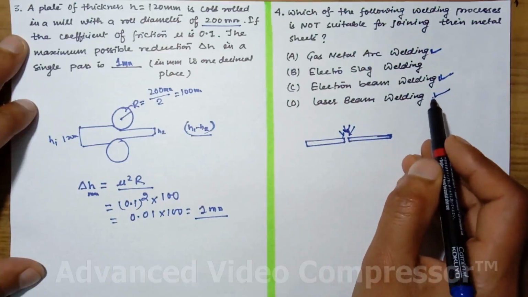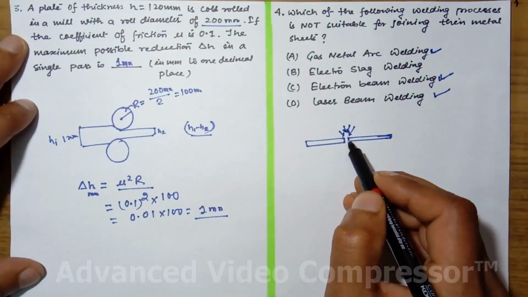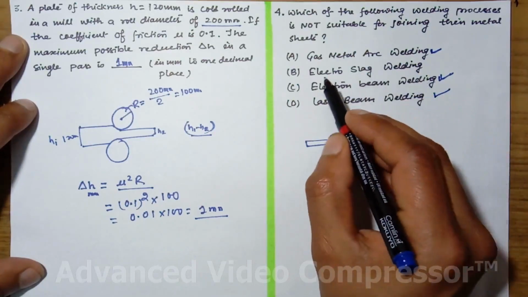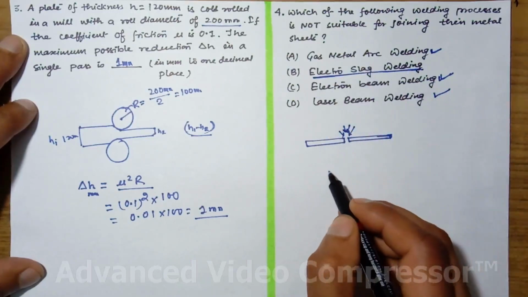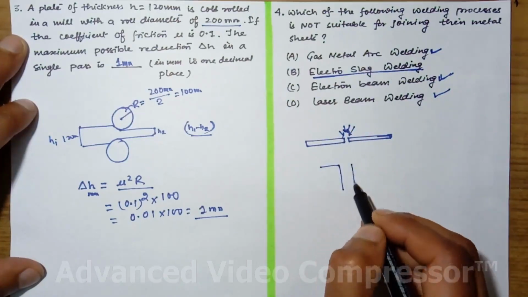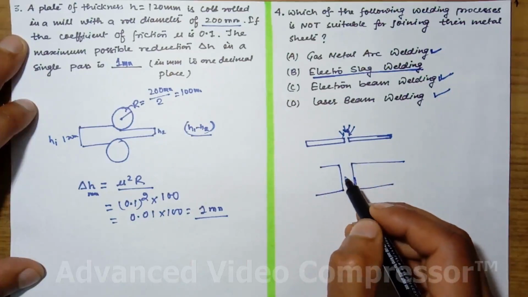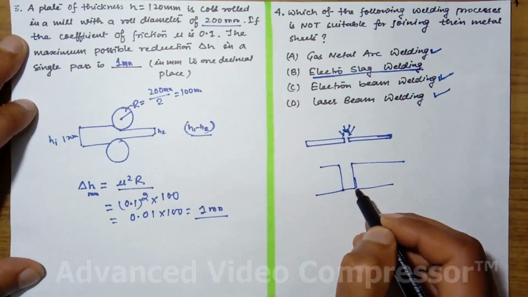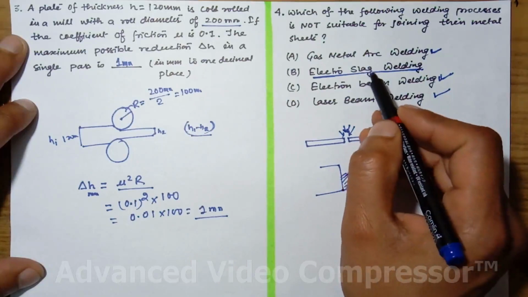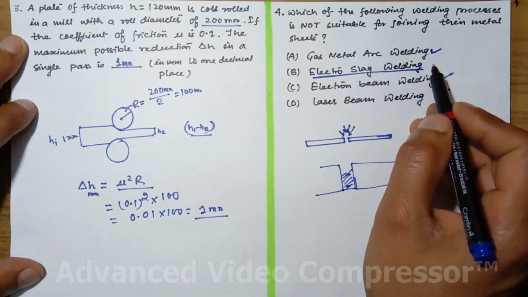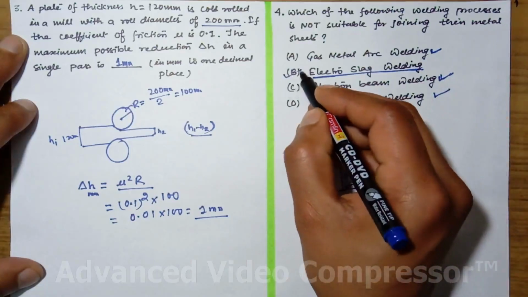In laser beam welding, a laser is passed and allowed to melt the material. But electroslag welding is a special process in which we join very thick plates. So electroslag welding will not be used for joining thin metal. So this will be your answer.